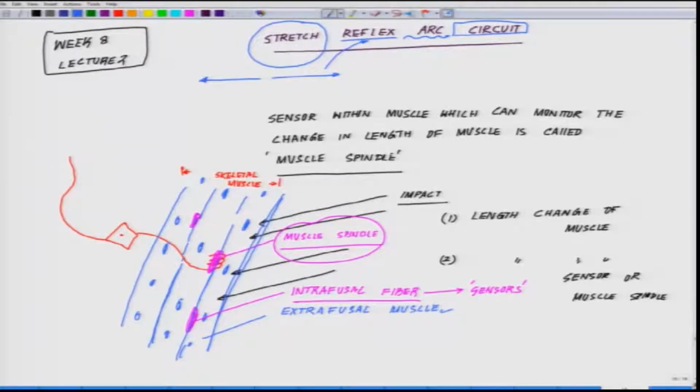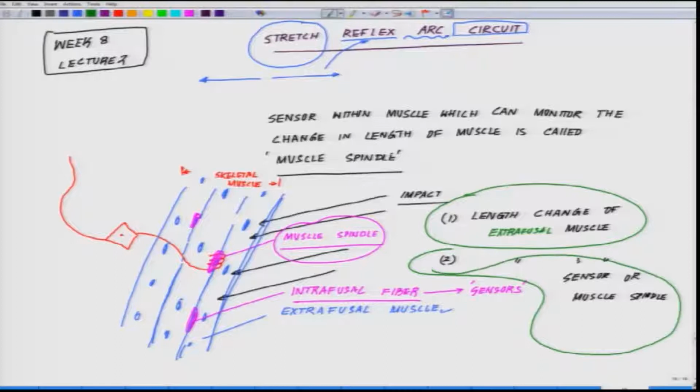Now, coming back to where we were talking about this circuit. There are two levels at which the change in length is happening. I have mentioned the change in length in muscle, which essentially means extrafusal muscle, and change in length in the muscle spindle, which essentially means in the intrafusal muscle.